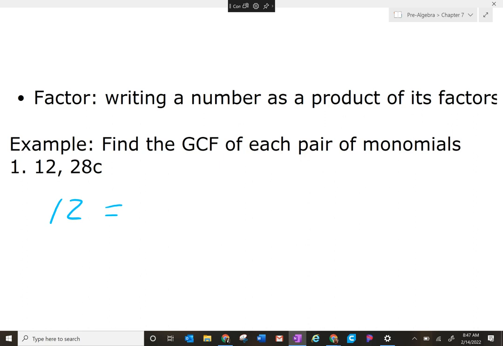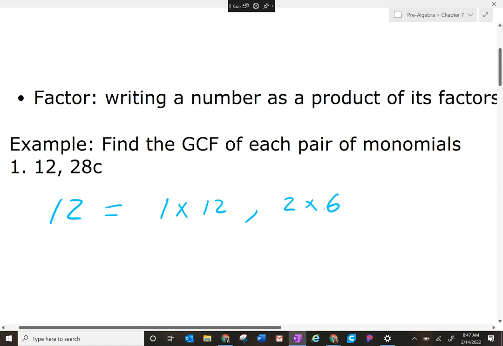I could multiply 1 times 12. That's a factor. I could multiply 2 times 6, because 2 times 6 equals 12. I could multiply 3 times 4.